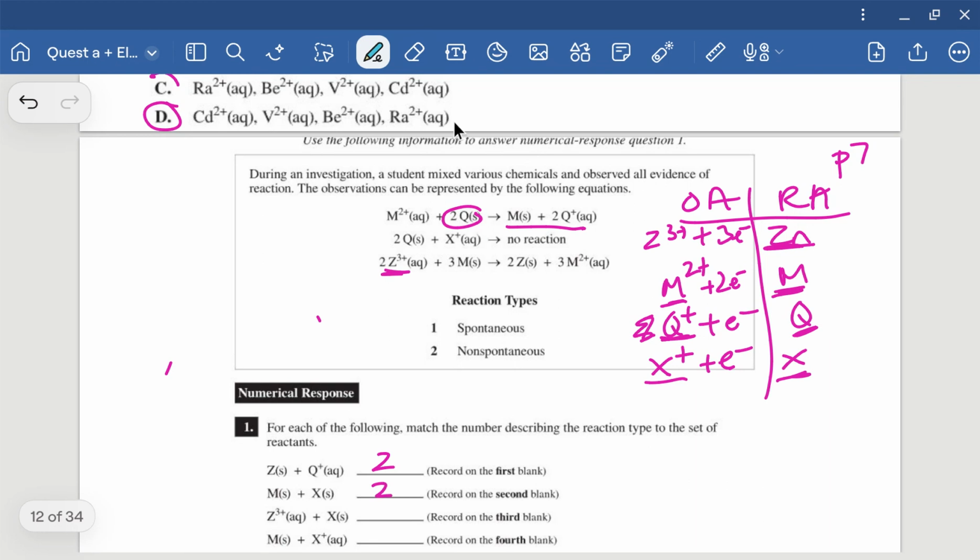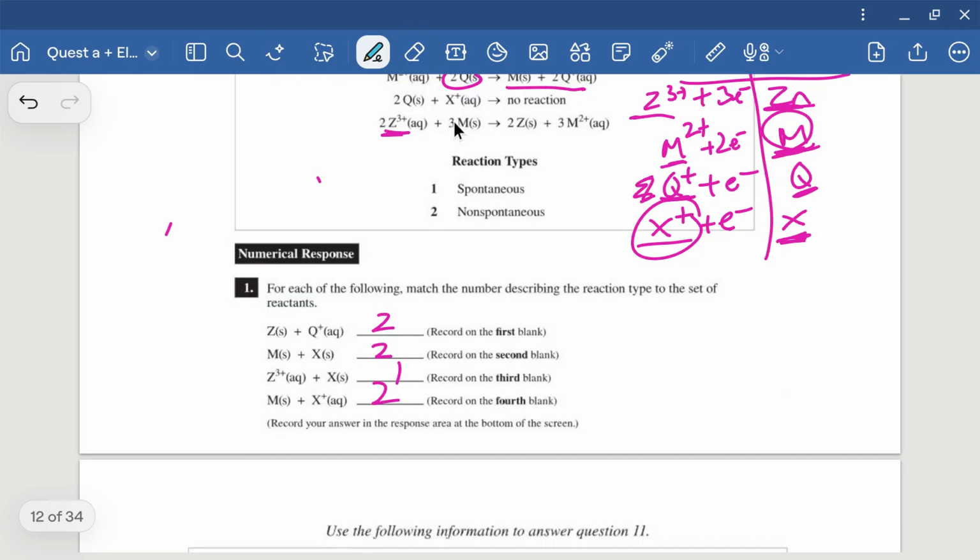Then you have your strongest OA reacting with your strongest RA. That's definitely going to be spontaneous. And your last one, you have M reacting with X positive. That makes your RA higher on the table than your OA. That's non-spontaneous. So just based on placement, we know which one would be which.